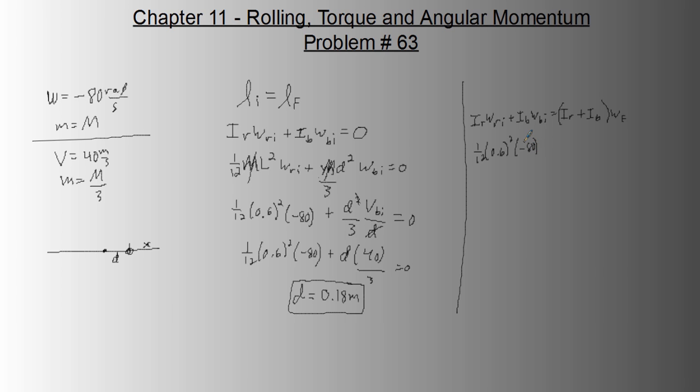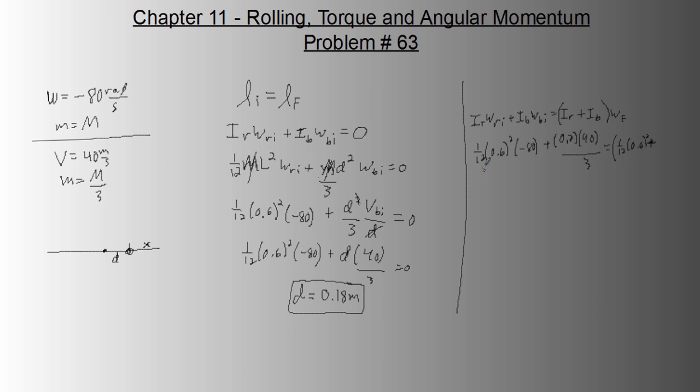And now we got d equals 0.18, so it wants no greater than 0.18. So let's just pick any number greater, and 0.2 looks like a nice round number. So this is going to be plus 0.2 times 40 over 3. And that's going to equal 1/12, 0.6 squared, plus 0.2 is what we picked for d.